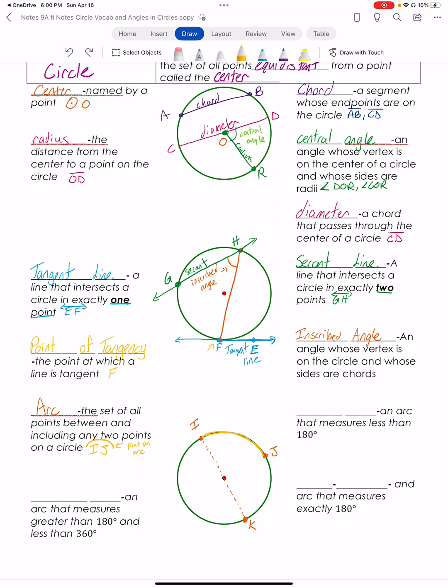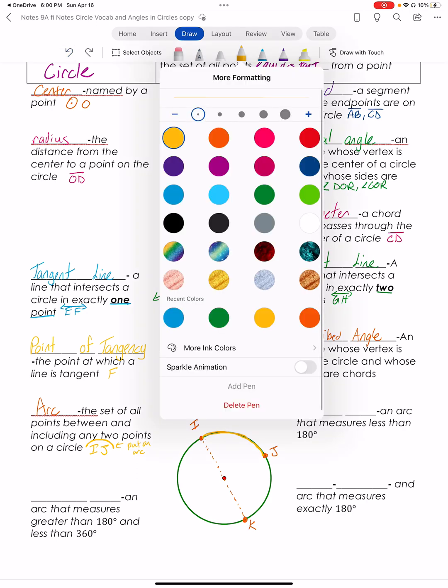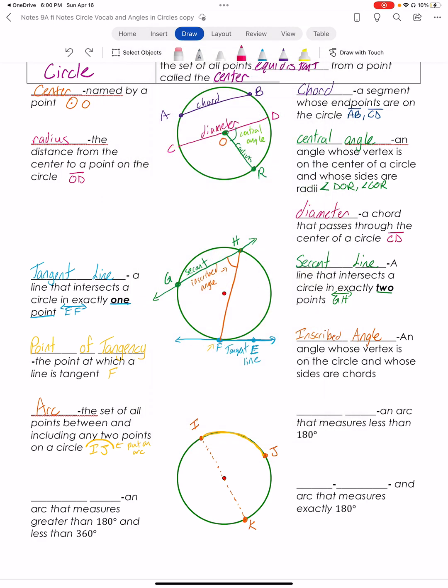So, you have different types of arcs. An arc that measures less than 180 degrees is called a minor arc. So IJ here, this is a minor arc.